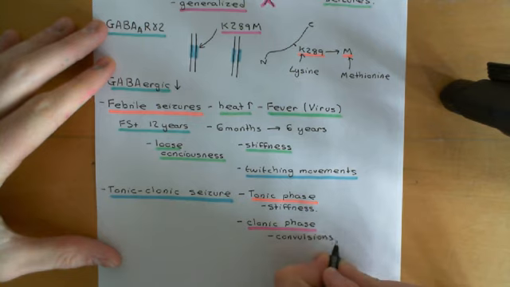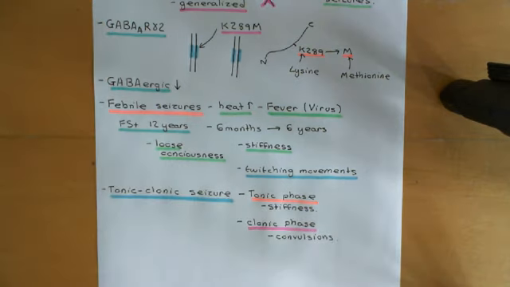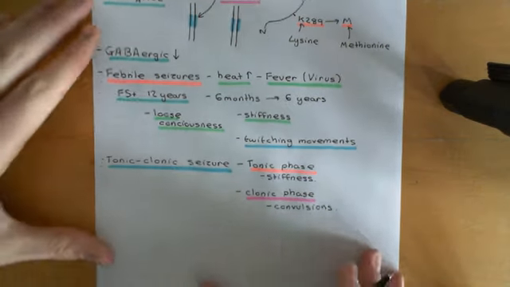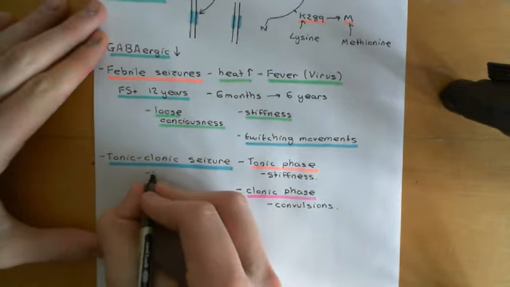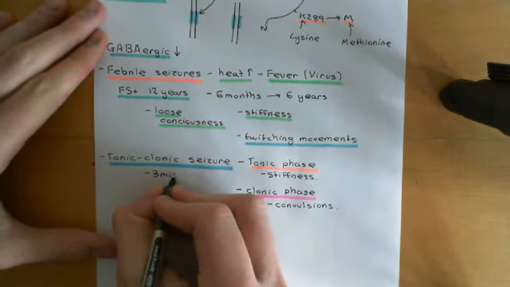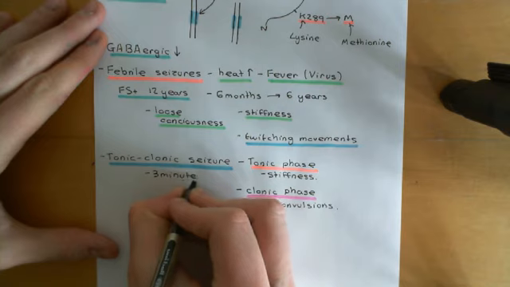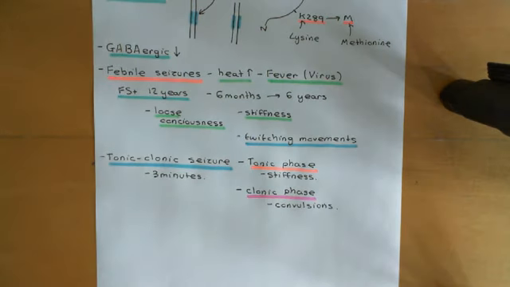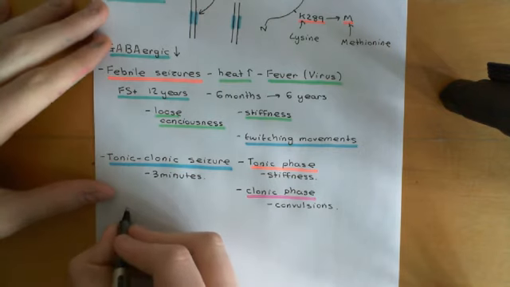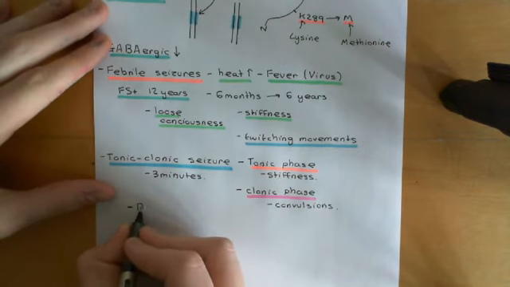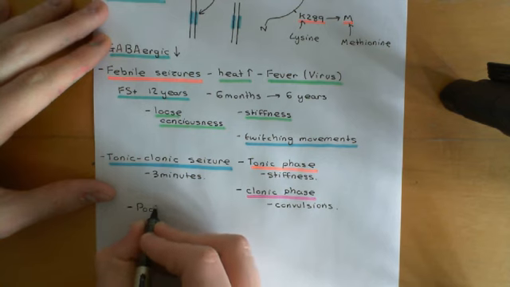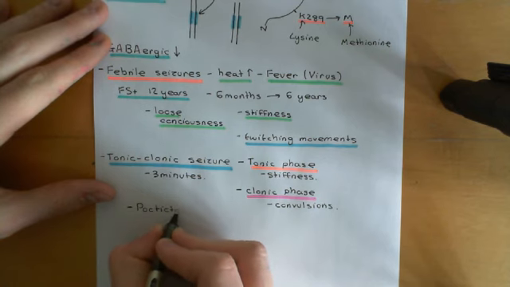Now, in all, tonic-clonic seizures generally last for around 3 minutes. And after a tonic-clonic seizure, what generally happens is people end up going to sleep, or they'll end up in an altered state of consciousness. And this state that you're in for about half an hour after having a tonic-clonic seizure is called the postictal state.